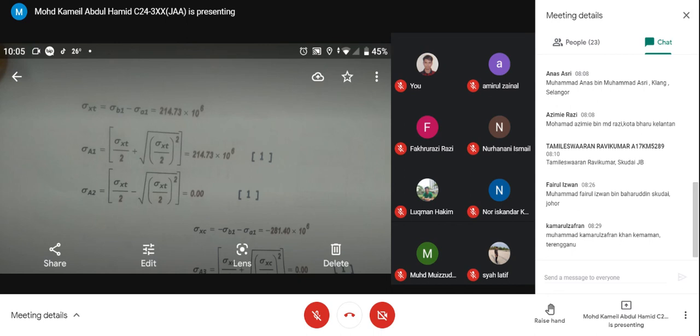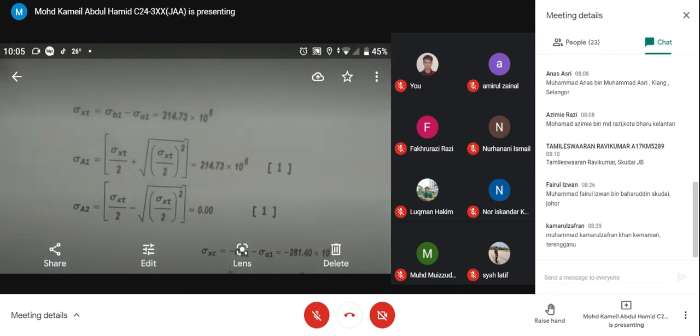So for sigma x tension, we can consider using sigma B1 minus sigma A1. Sigma A1 earlier was the axial. Sigma B1, the tension stress, is in the positive x direction, and the axial is opposite. So sigma B1 minus sigma A1.